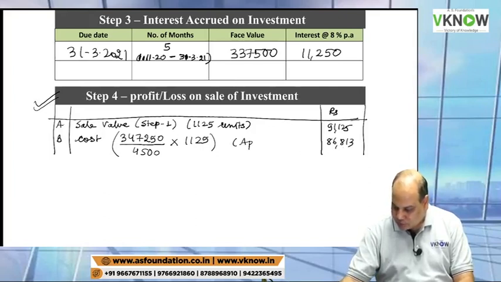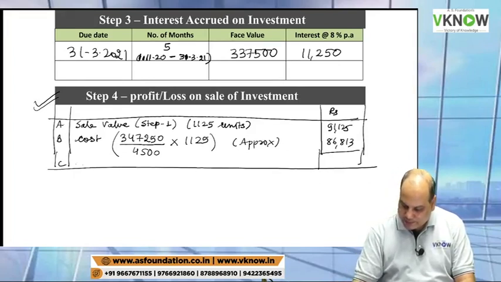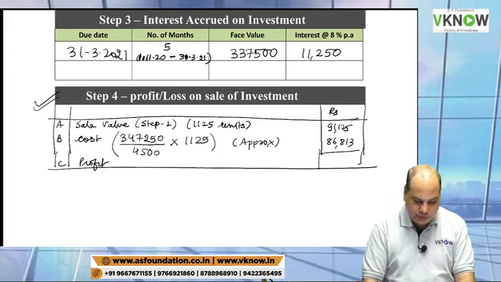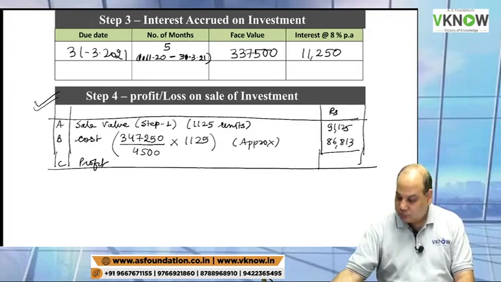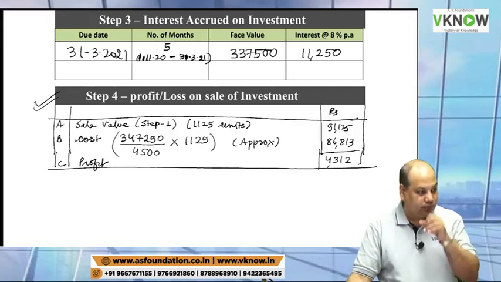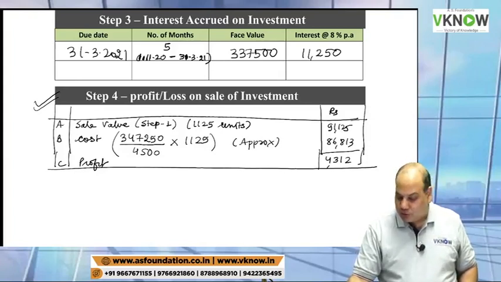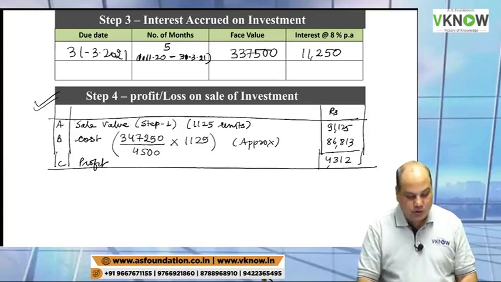Write down. Don't fight for 1 rupee or 2 rupees. So this is my profit. Take the difference. 91125 minus 86813. So we will be getting 4312. Profit on sale of investment is 4312.